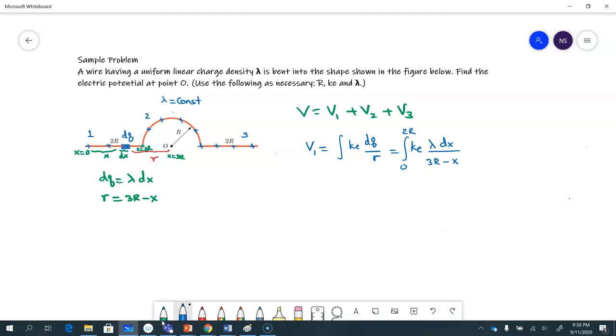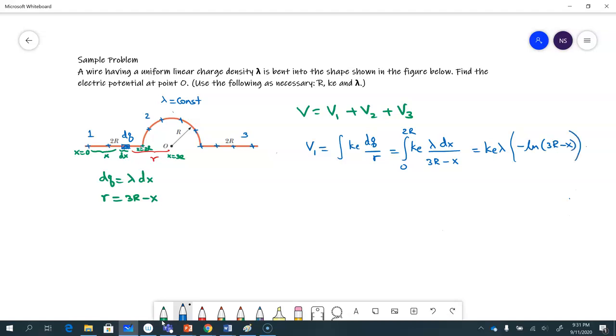So I can simplify this. I can say this is ke lambda, and you could do a substitution if you like. 3r minus x is u, then dx will be negative du. So this ends up being negative du over u, so it's negative natural log of u, and u is 3r minus x.